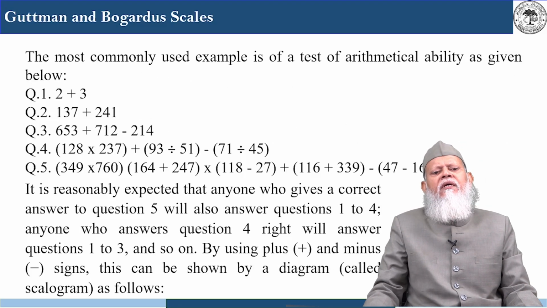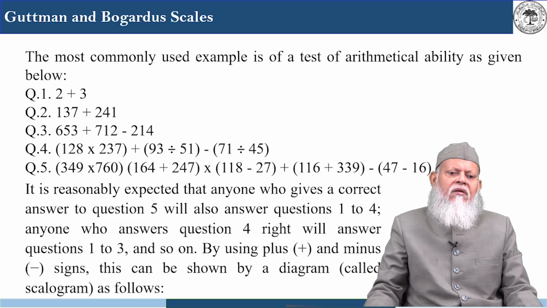The most commonly used example is of a test of arithmetic ability as given below. Question 1 is 2 plus 3, question 2 is 137 plus 241, question 3 is 653 plus 712 minus 214, question 4 is (128 x 237 + 93 / 51) - (71 / 45).